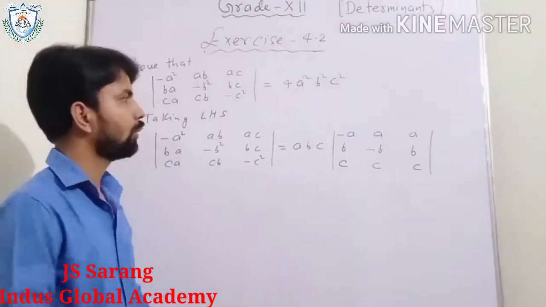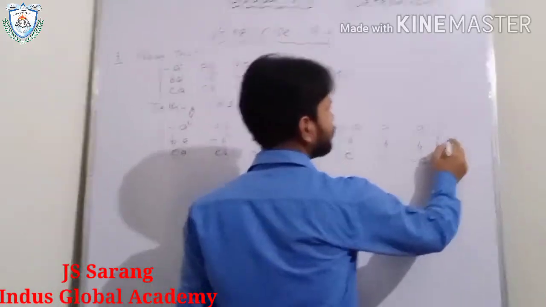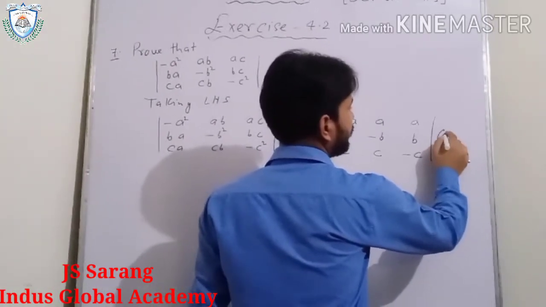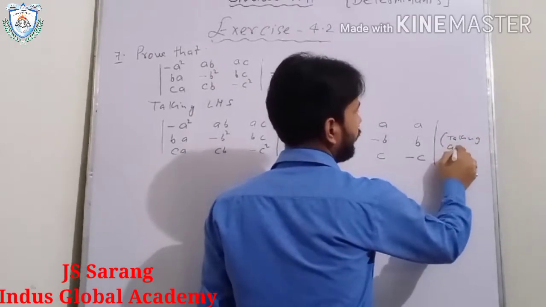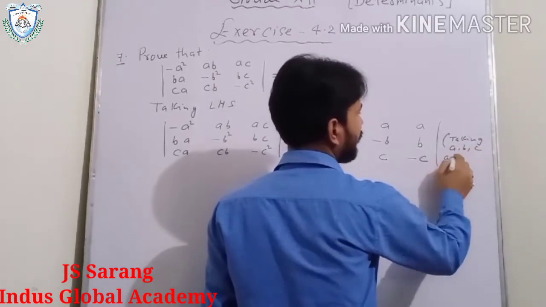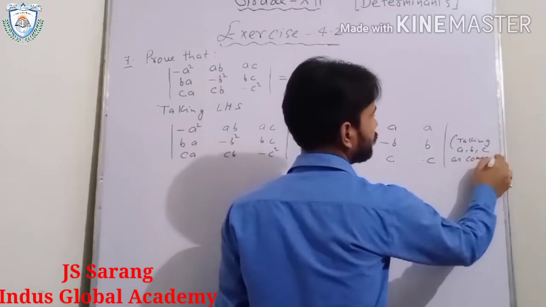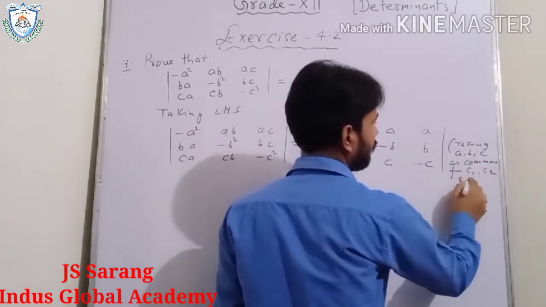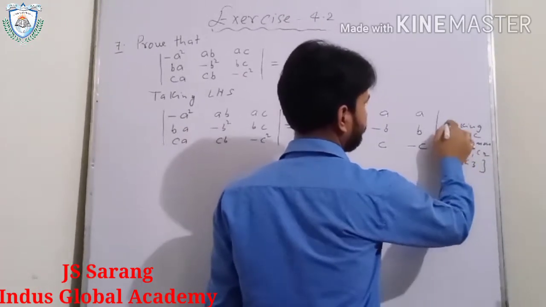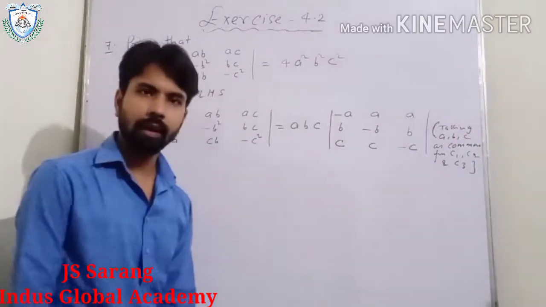Clear? Okay. So you have to write here, taking a, b, c as common from C1, C2 and C3. Clear?